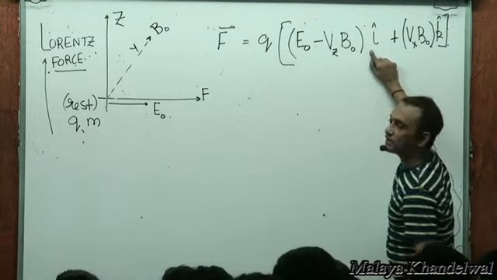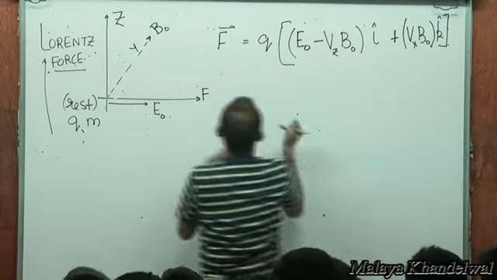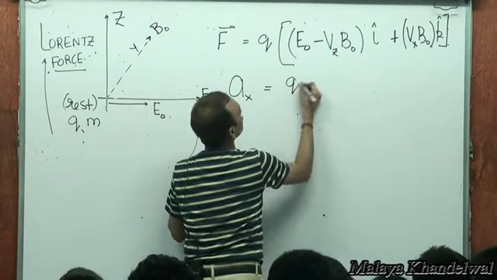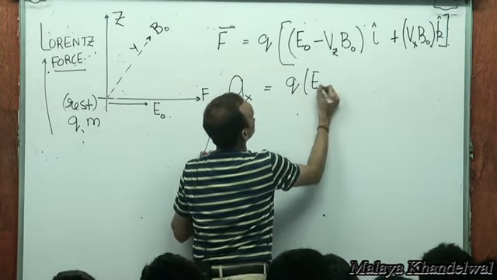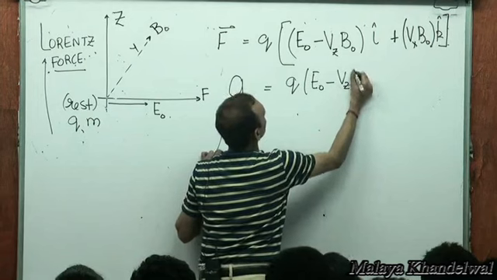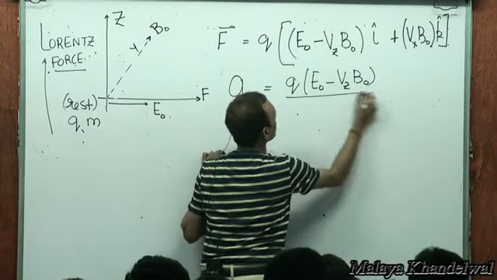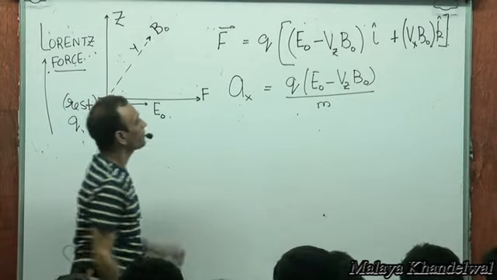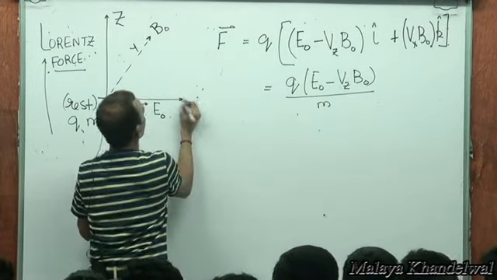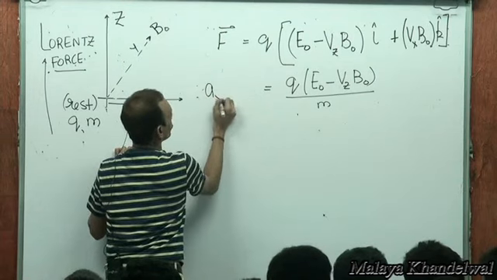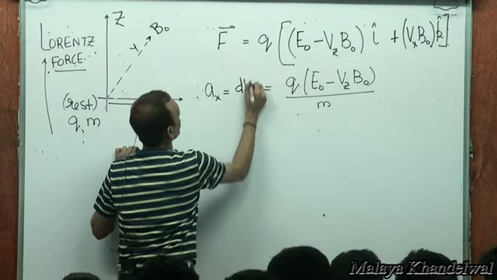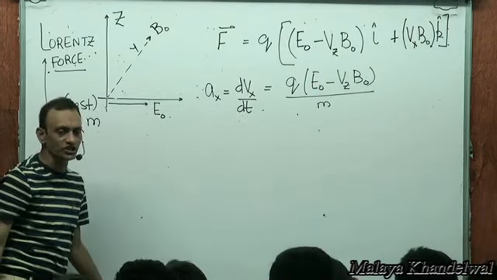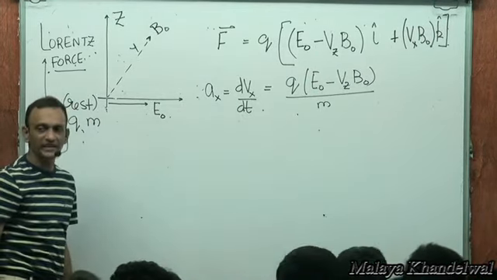there is acceleration in the x direction, ax, which would be force in the x direction, which is q into E naught minus Vz B naught by m. That's acceleration in the x direction, which is rate of change of velocity in the x direction, dvx dt.